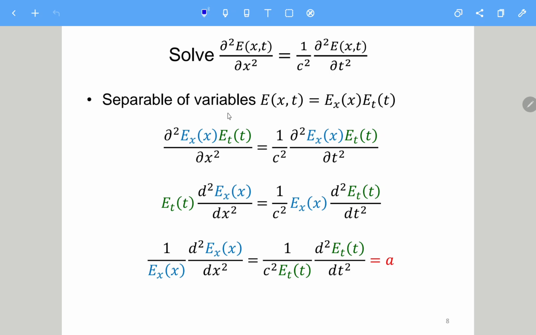Some will work, some will not. If it works, then you can come up with a solution quickly. If it doesn't work, then probably you need a more difficult way to solve.